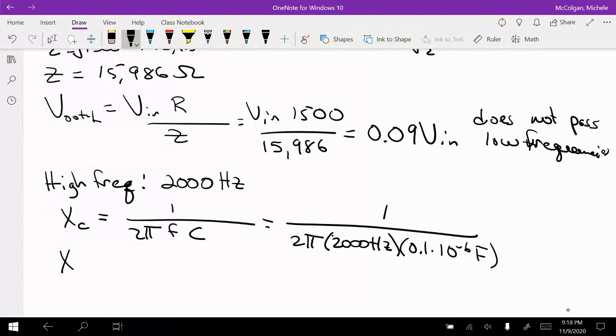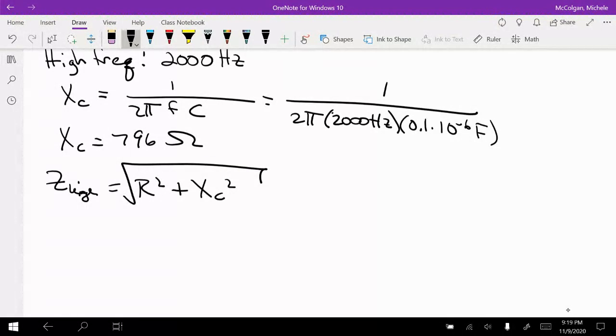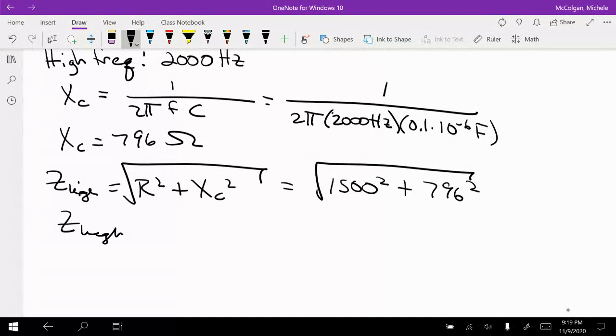And so XC is equal to 796 ohms. Z high frequency is equal to the square root of R squared plus XC squared, which is the square root of 1500 squared plus 796 squared. So Z high is equal to 1698 ohms.